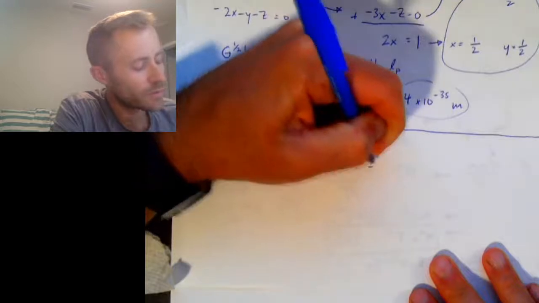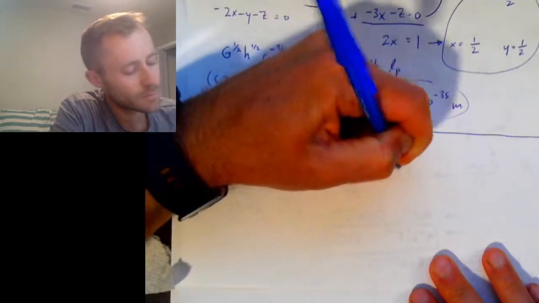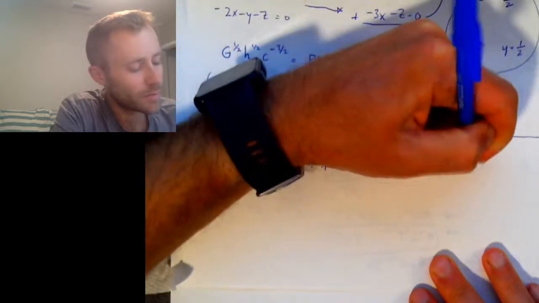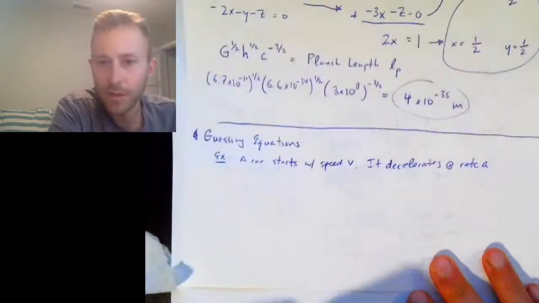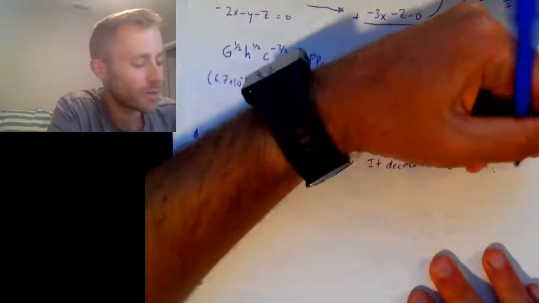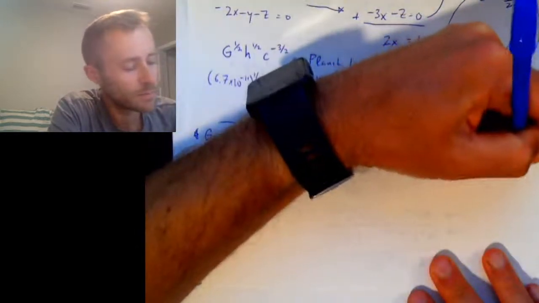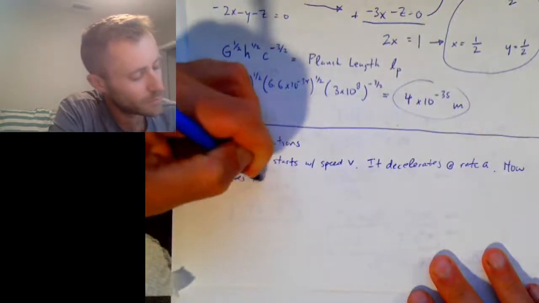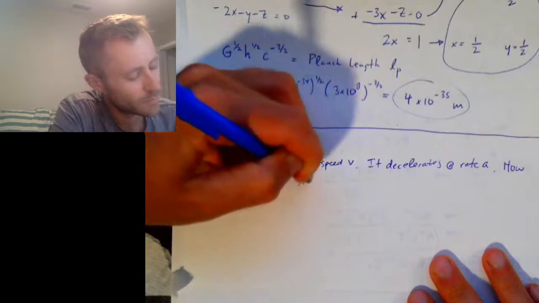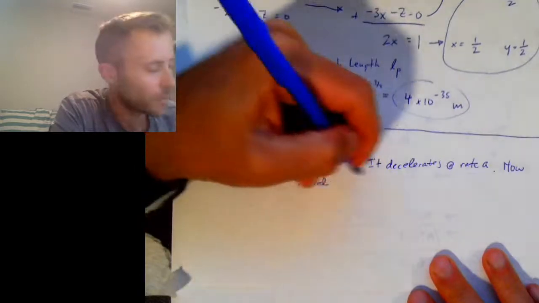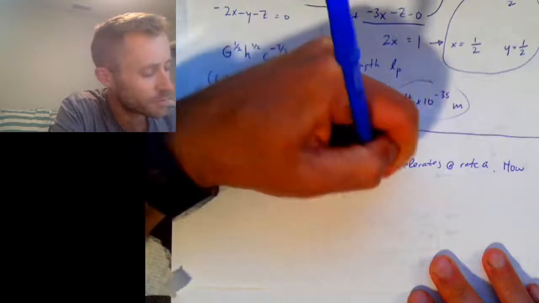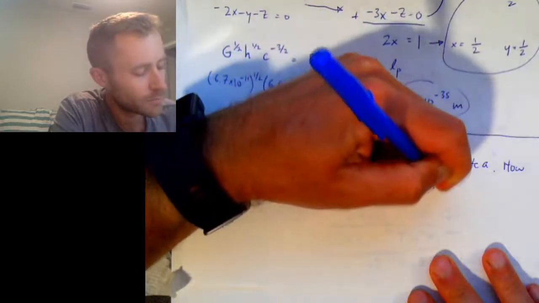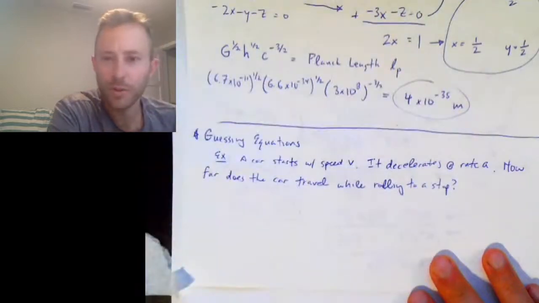It decelerates at rate a. How far does the car travel while rolling to a stop?